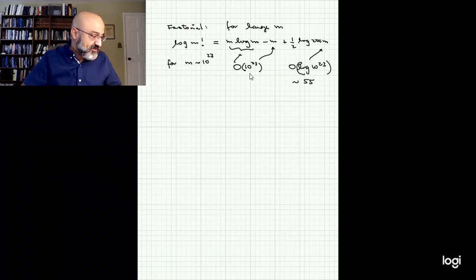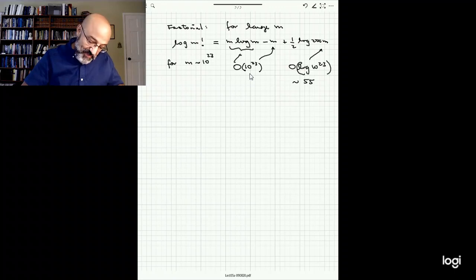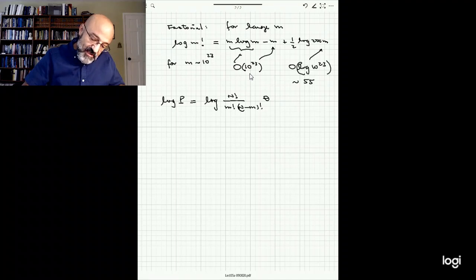So what we're going to do now is write the log of p, which is the log of n factorial over m factorial, n minus m factorial, theta to the m, 1 minus theta to the n minus m.